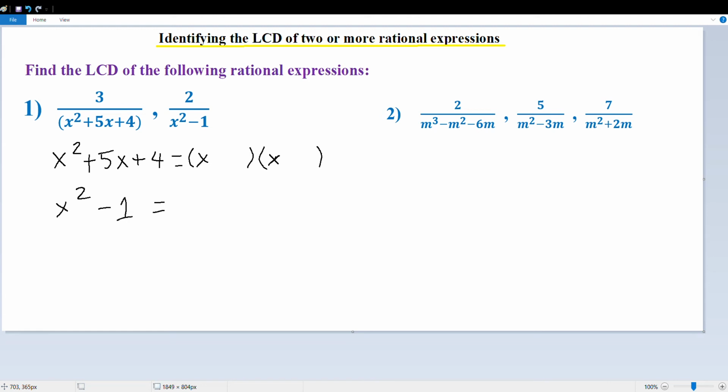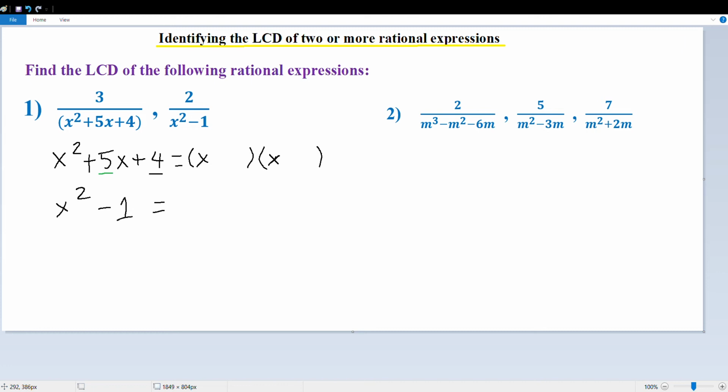That's why we wrote one x in each of these factors. Now here we have 4. So we need to break this down into two numbers such that the product of those two numbers is 4, and they add up to positive 5.